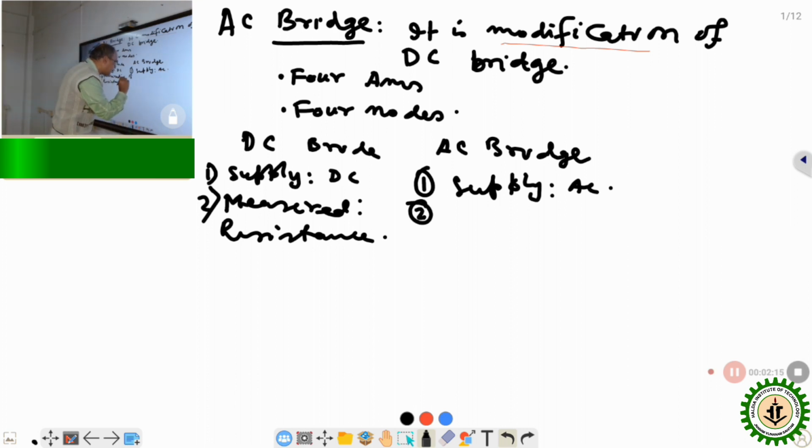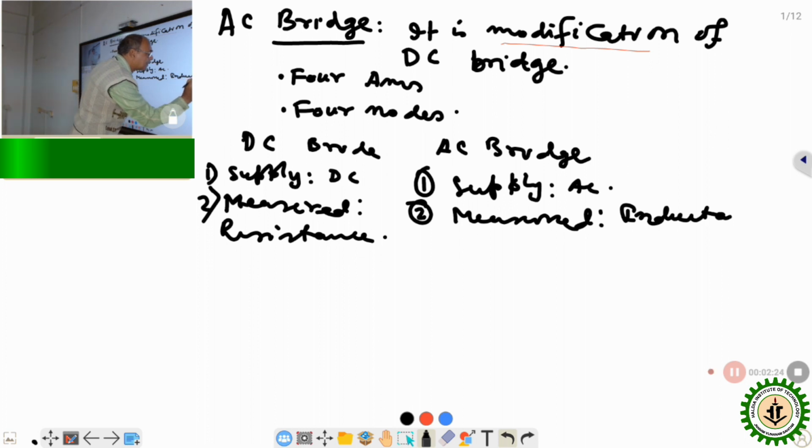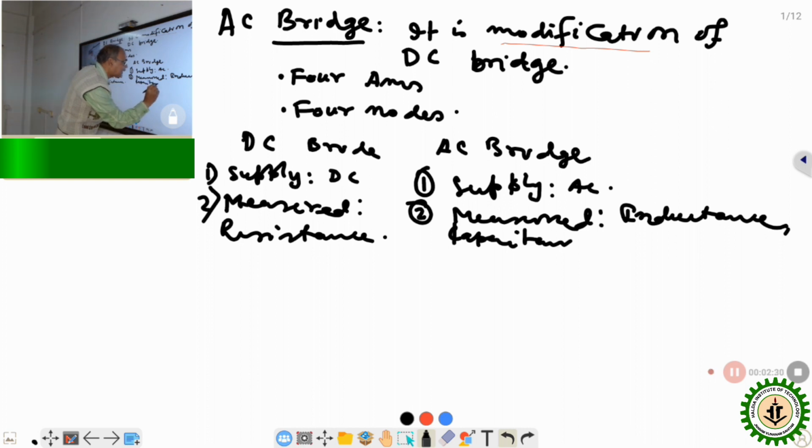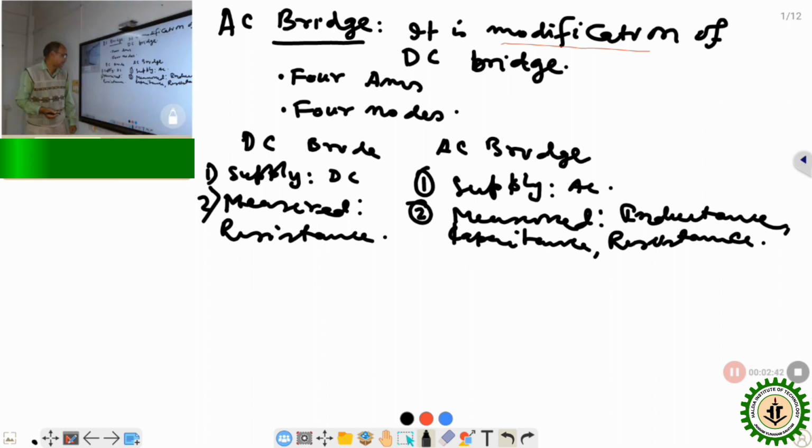But from here we can measure inductance, capacitance, resistance, and subsequently you can measure power factor, loss, etc.